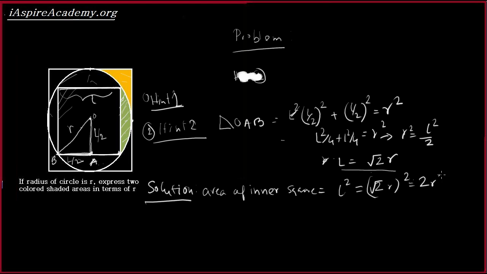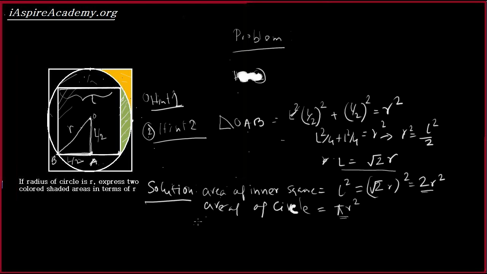The area of the circle is pi r square. As you see, pi is 3.14, so this has 3.14 r square versus 2r square. So it shows that the circle is a little bigger than the square.